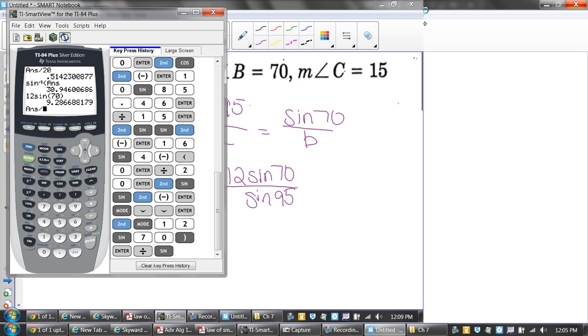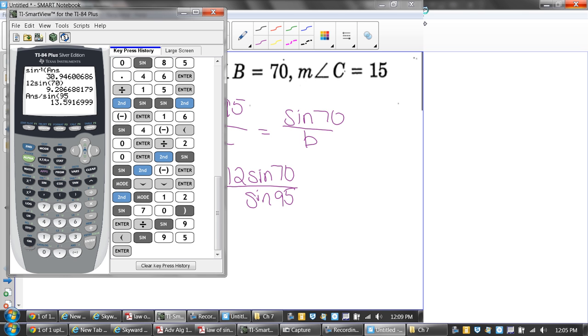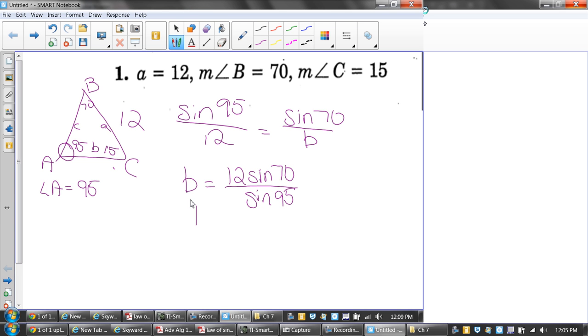Sine of 95? 13.59. So little b is roughly 13.59.